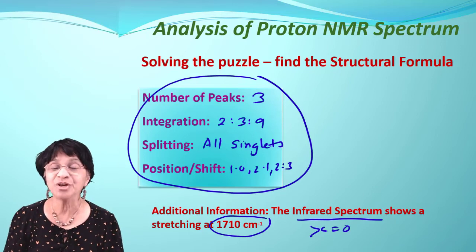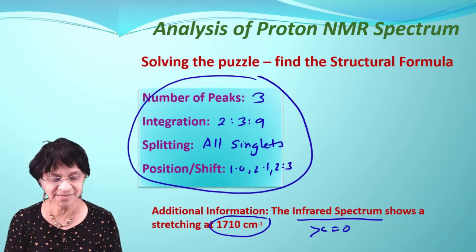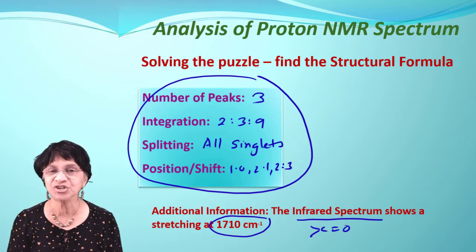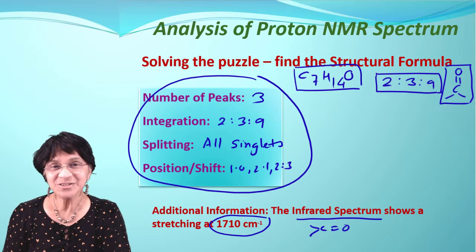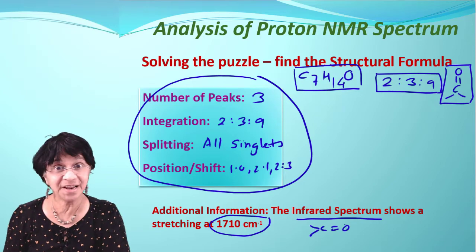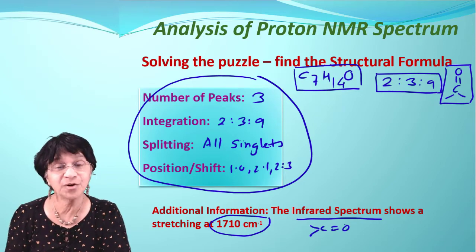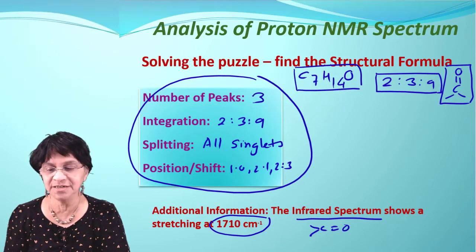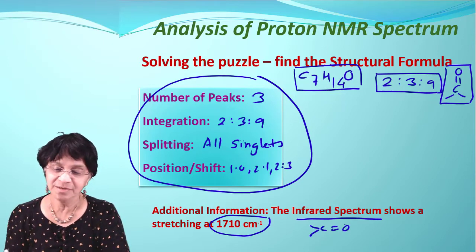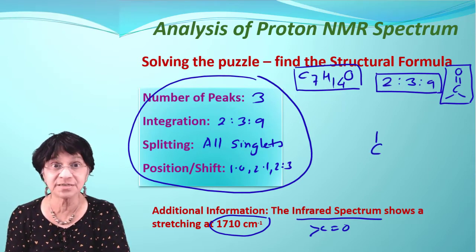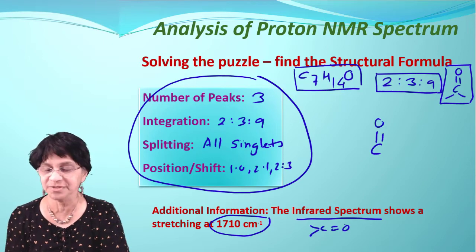Now, we have to put everything together and see if it all matches and we can get the structure. Okay, so this is the information we collected so far. That's the molecular formula, then we got the integration, and we also know there is a carbonyl group. So to begin with the structure writing, we need to put the carbonyl group first.